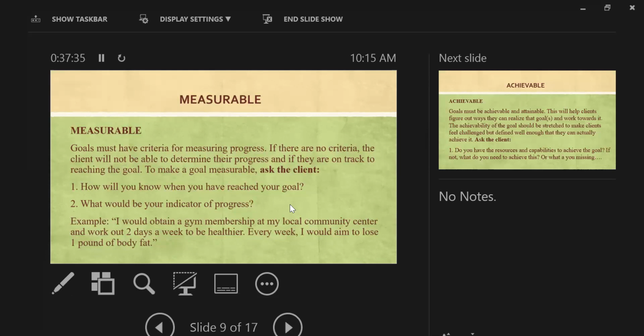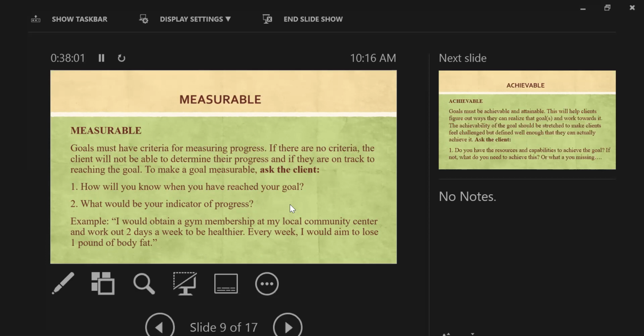Here's an example of a goal that is measurable and specific. I would obtain a gym membership at my local community center and work out 2 days a week to be healthier. Every week, I would aim to lose 1 pound of body fat. See how specific that is, right?